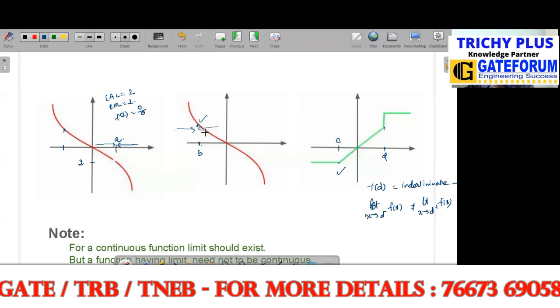Yes, the limit exists. If a function is continuous, obviously it has to satisfy left hand side and right hand side, which means the limit exists.